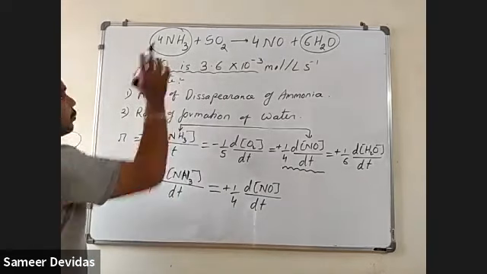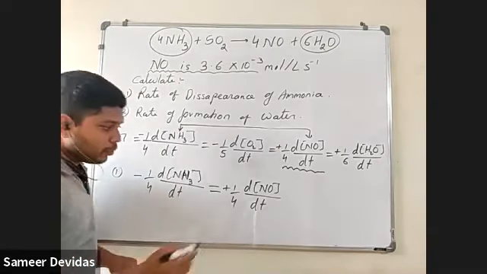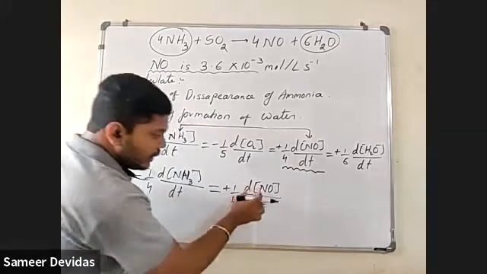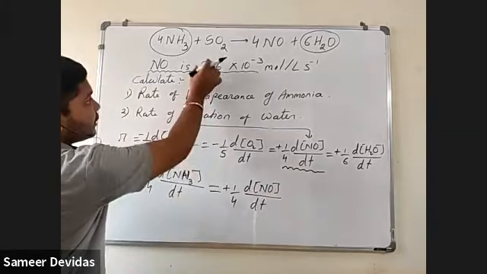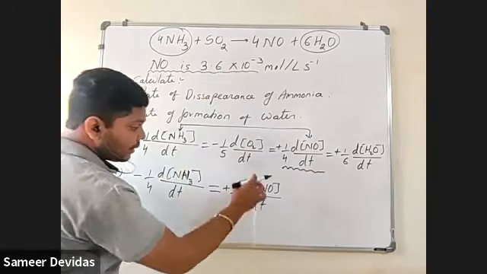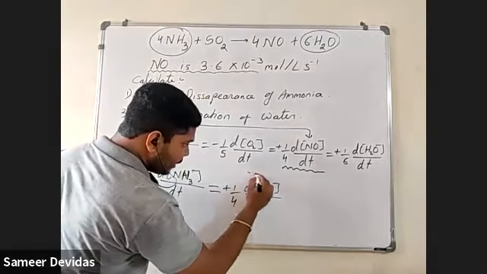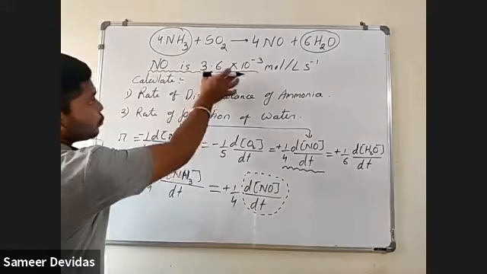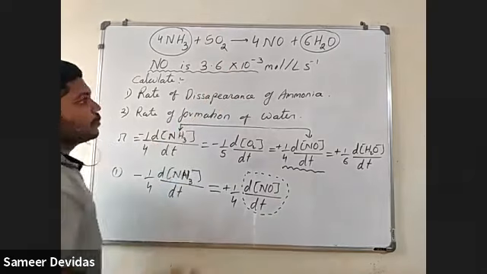No, sir. Now the formation of NO. Formation of NO is nothing but d[NO] upon dt. So d[NO] upon dt is this. Directly for this entire thing, I am going to substitute this value.